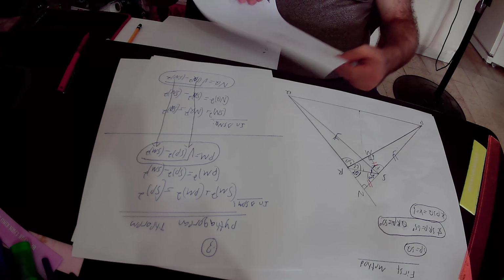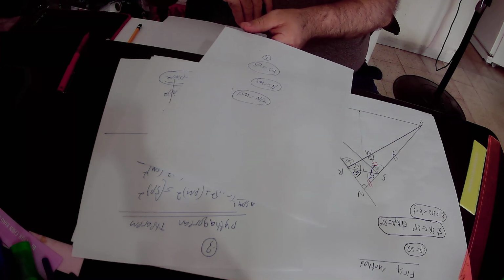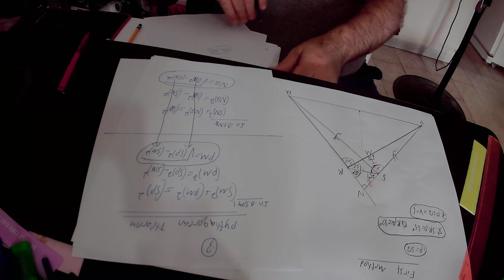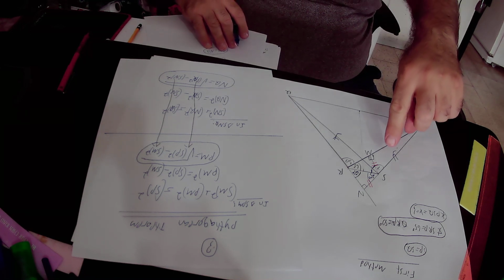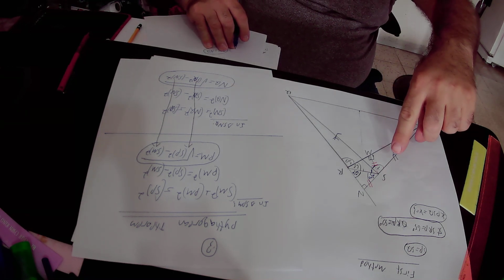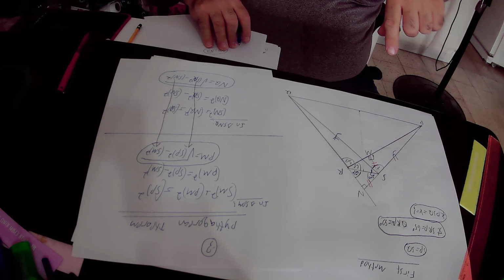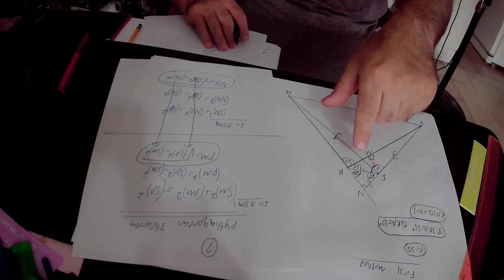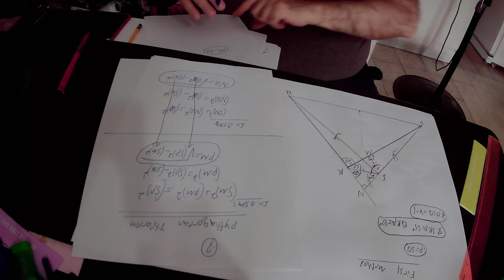So we actually proved that the three sides of the right triangle SMP are correspondingly equal to the three sides of the right triangle SNQ.